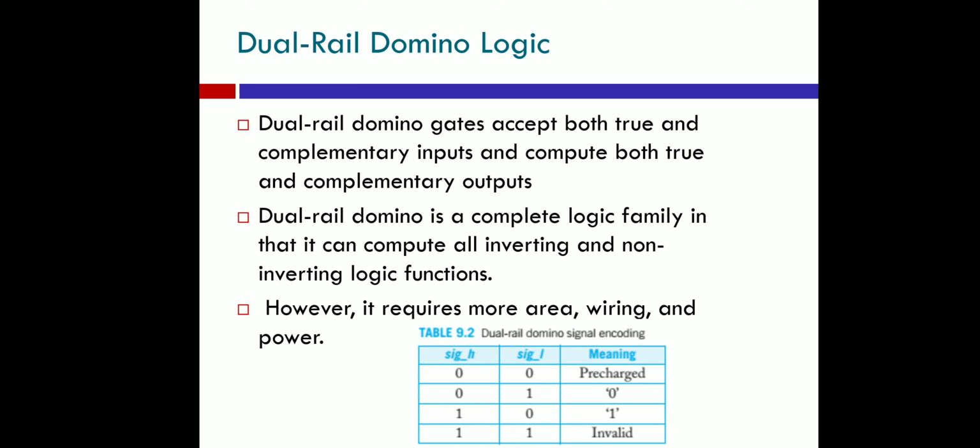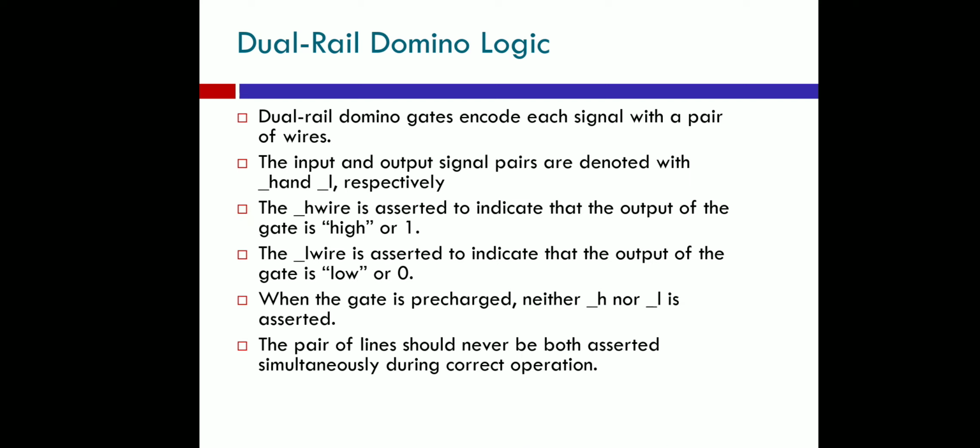So it is a complete logic family in that it can compute all the inverting and non-inverting logic functions. In this dual rail domino gate, it encodes each signal with a pair of wires. Input and output signal pairs are denoted with underscore H and underscore L.